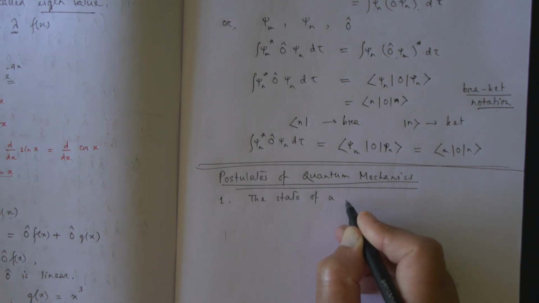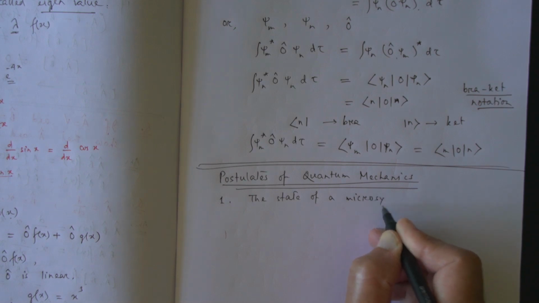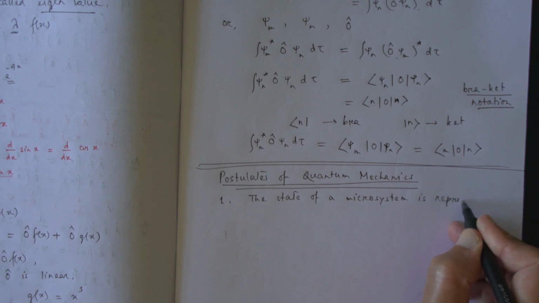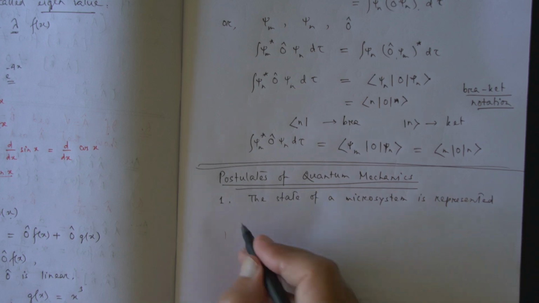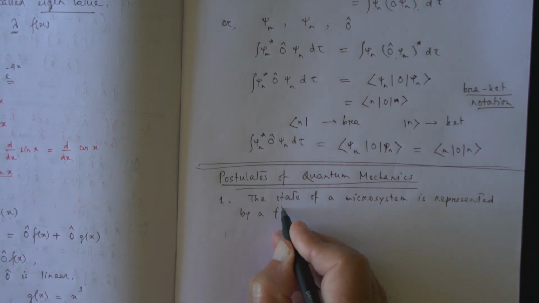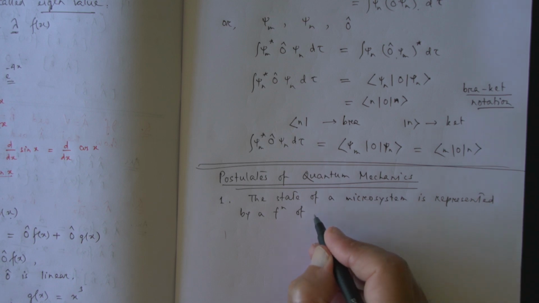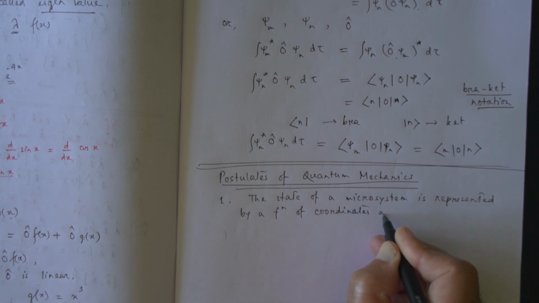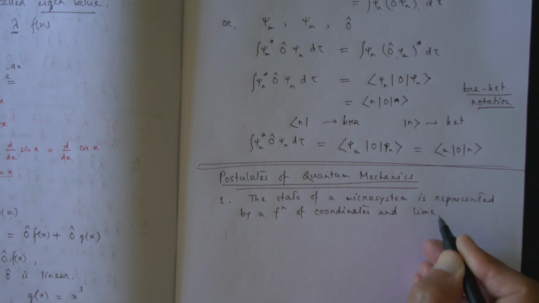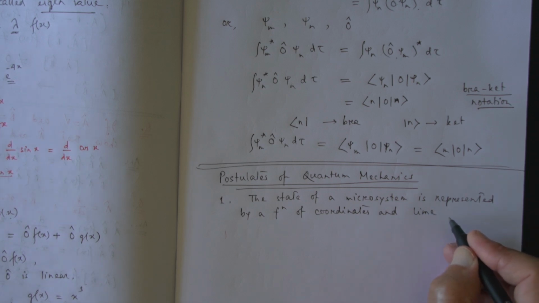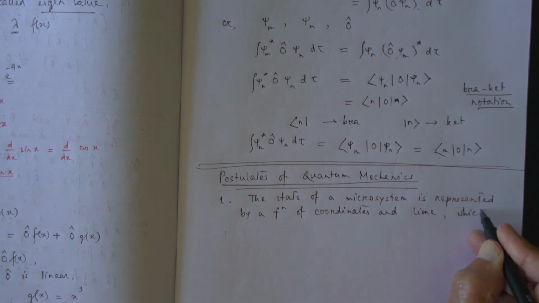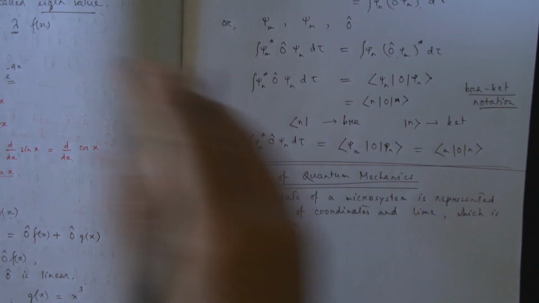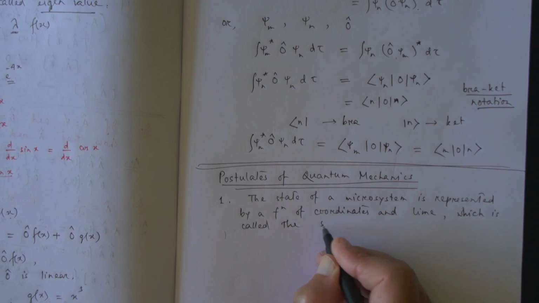is represented by a function of coordinates and time, which is called the state function, or simply state.